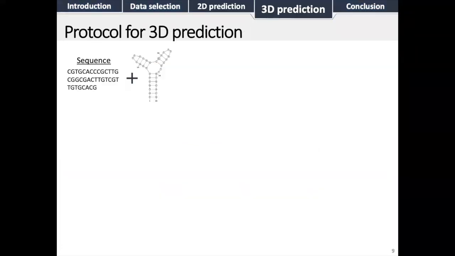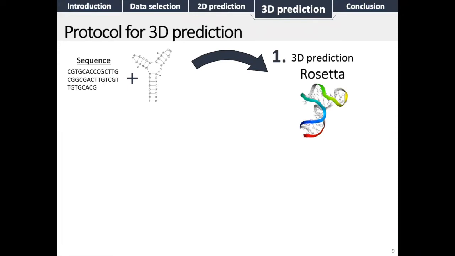Next, for the 3D structure prediction, we decided to develop a workflow to predict the 3D structure, and also take into account the flexibility by using molecular dynamics. So here, to predict the 3D structure, we need a starting structure, which takes as input the sequence and secondary structure to force the prediction to adopt the correct folding.